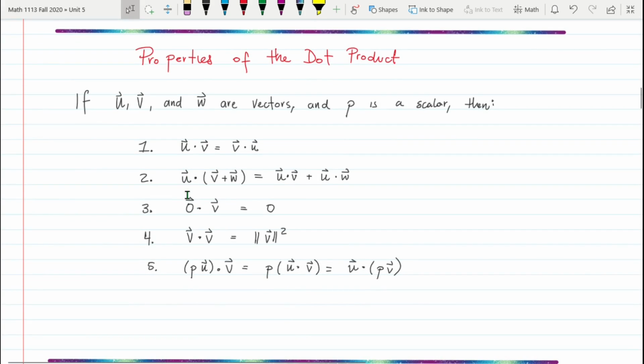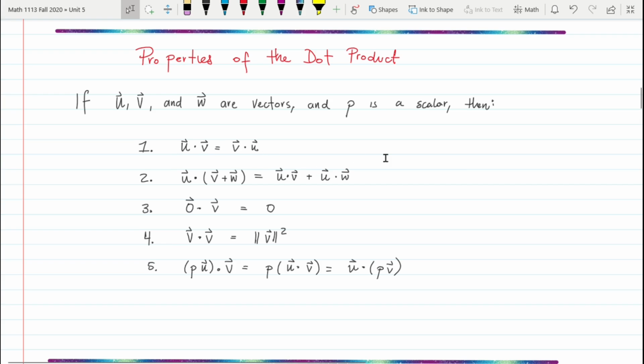Let's talk about a couple properties of the dot product. Say that we have three vectors, u, v, and w, and a scalar p, just a number p. Then the following is true. u dot v is the same thing as v dot u. We just saw that in the previous example, and it's true, right?